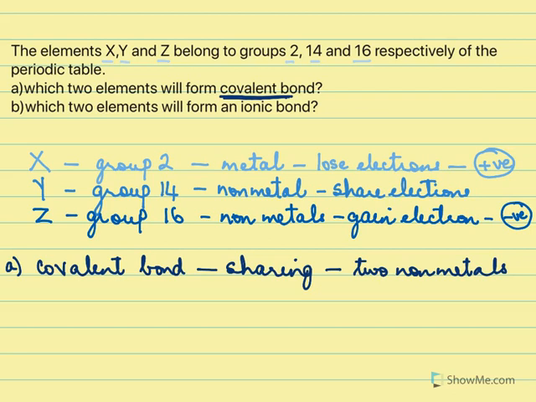Two non-metals always form a covalent bond. And who are the non-metals here? We have Y and Z, both are non-metals. So the bond between Y and Z is covalent.